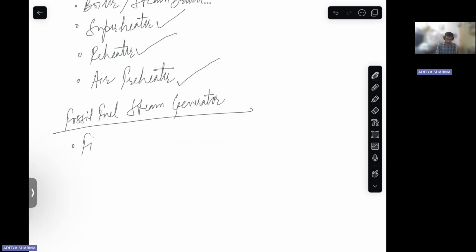So one is your fire tube boiler, then is your fluidized bed boiler.